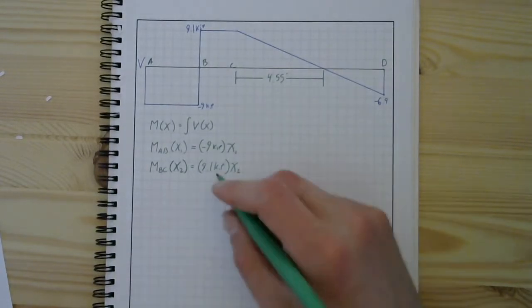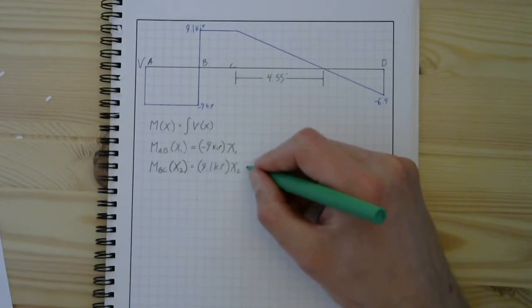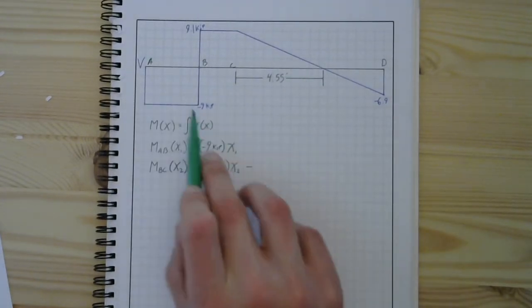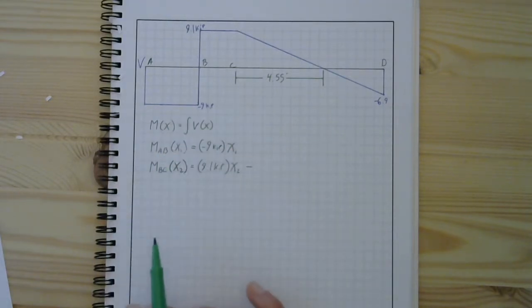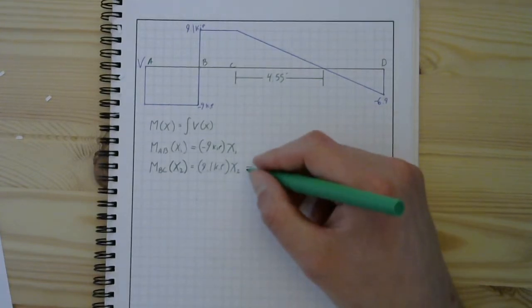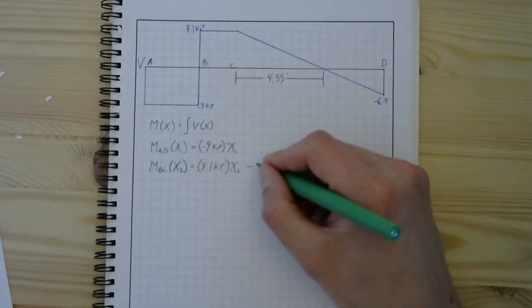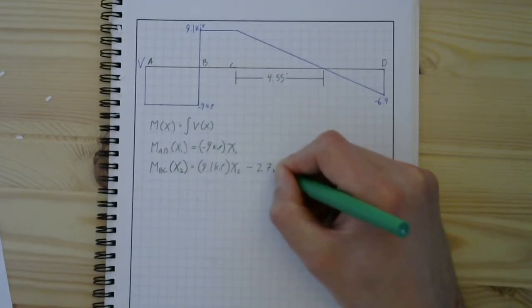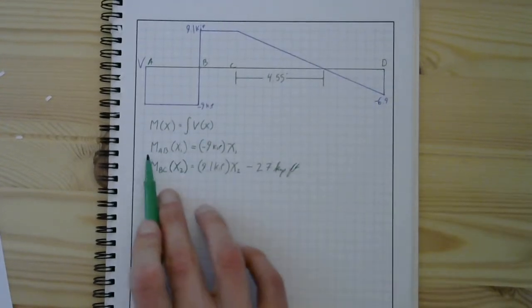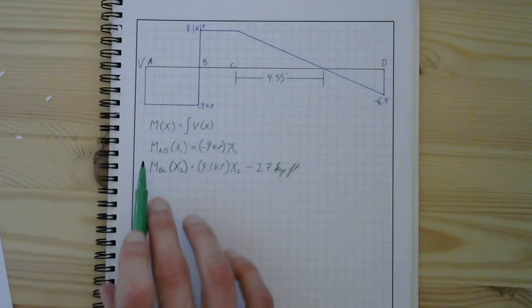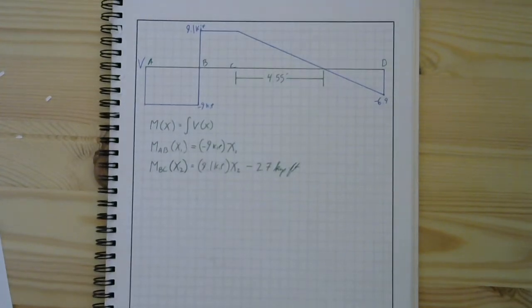This one is going to be negative 3 times negative 9, so whatever the moment is at B, because it turns out that the moment at B is the moment at B. We don't have a discontinuity in moment because we don't have an applied moment. So that'll be minus 27 kip feet, because that's what the moment function from A to B is going to tell us. Negative 9 times the 3 feet from A to B is going to give us negative 27 kip feet.